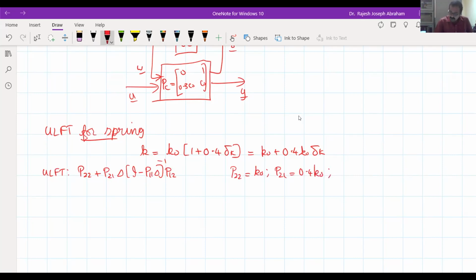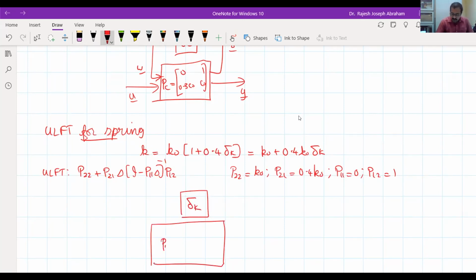Then P11 is 0 and P12 is equal to 1. So this perturbed spring can be expressed as an LFT, where the perturbation block delta K is connected to the nominal plant model Pk like this: P11 is 0, P12 is 1, P21 is 0.4 K naught, and P22 is K naught.